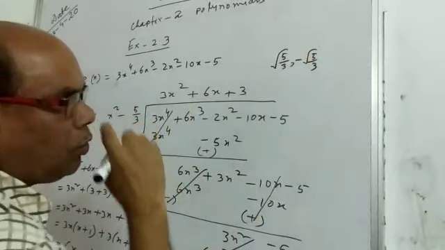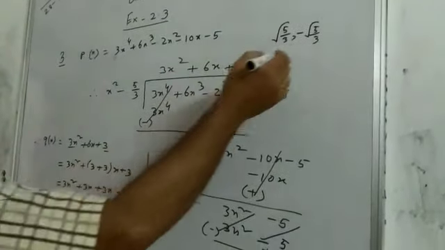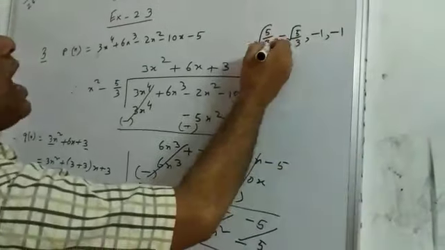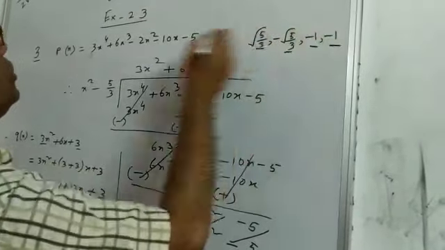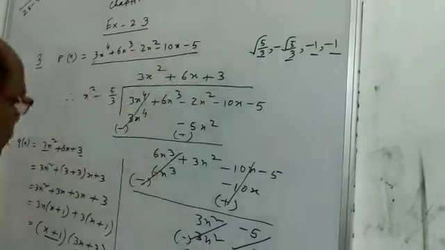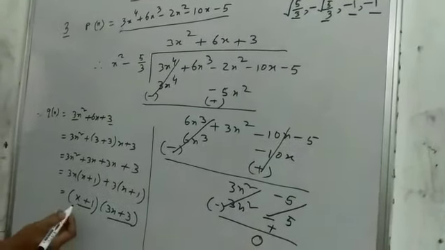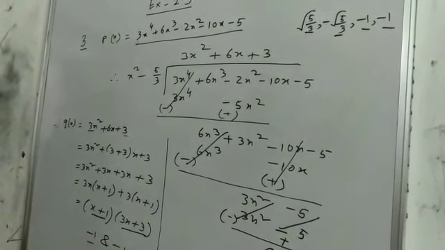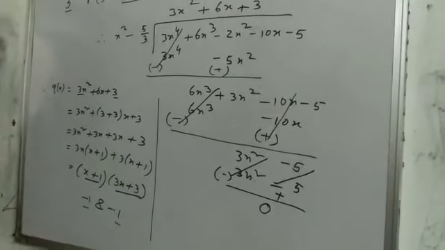The question is to find the other zeros, so we got the other two zeros are minus 1 and minus 1. These are the total 4 zeros of this polynomial. So just write the other two zeros are minus 1 and minus 1. So the answer is finished. Is it clear?